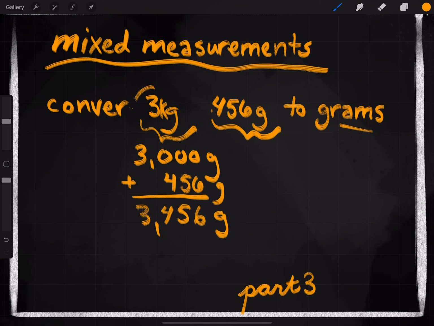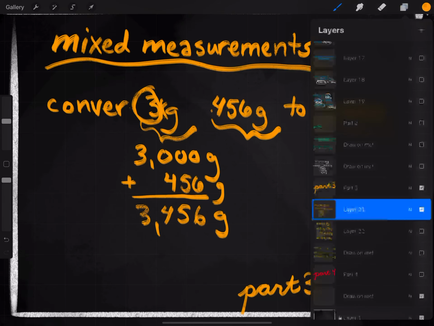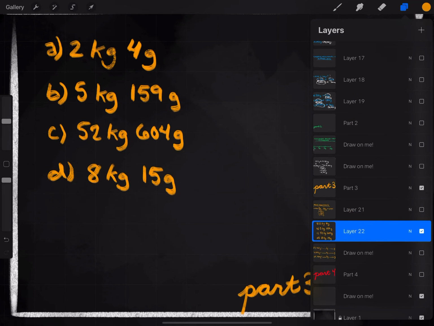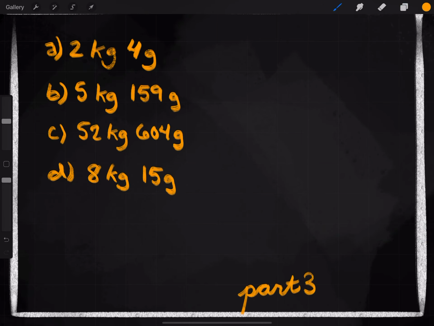You know that this number is going to be in the thousands place because it is kilograms. Let's do a couple examples. Go ahead and change these into a measurement with just grams.